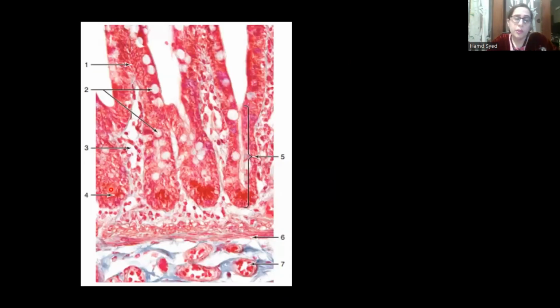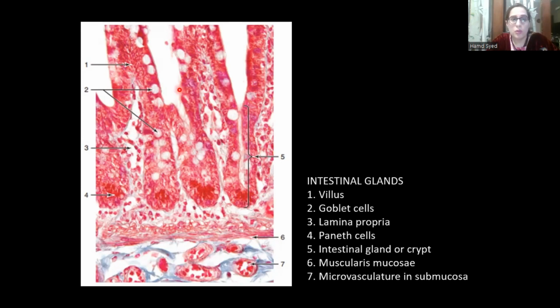Now, this is another tissue section at a higher magnification. If we look at it closely, we can see it has been taken from the lower aspect of the villi. If these are the villi, then this part is showing the intestinal crypts or glands between the villi. Number 1 are the villi, and in the lining epithelium, number 2 points to the goblet cells, which appear as empty, washed-out cells. Number 3 is the lamina propria, which is present within the core of the villus.